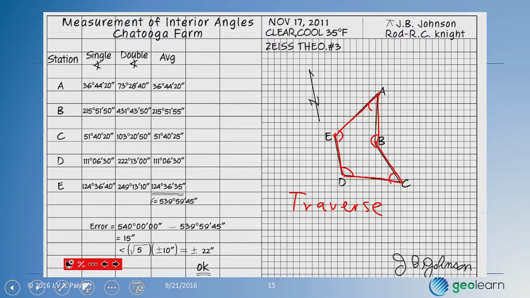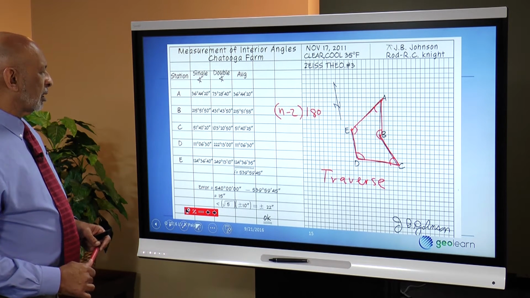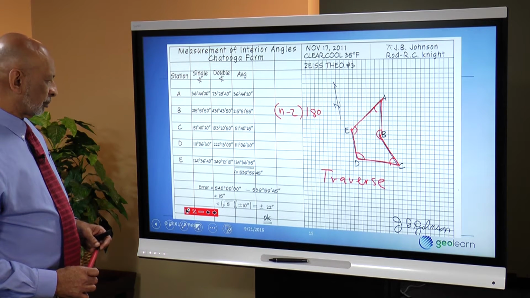In my previous lecture, I talked about this, and that's the value n minus 2 times 180 degrees. So in this case, we have a 5-sided figure. So 5 minus 2 is 3. 3 times 180 is 540 degrees. And you see here that they missed the 540 degrees by 15 seconds. They came out a little bit low.